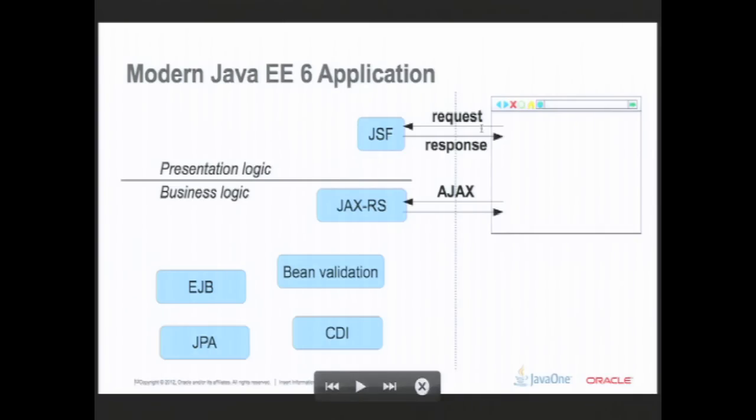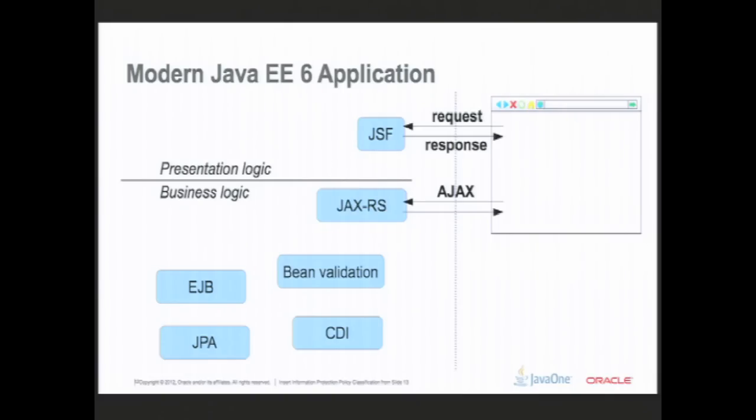And it still communicates via request response with the browser. In addition to that, there are some AJAX calls probably and partial page requests and things like that. From the beginning, I think one thing that the Java community got right was that there was also always a clean separation between the presentation logic and business logic. So I think that's understood for many years that that's a good practice.